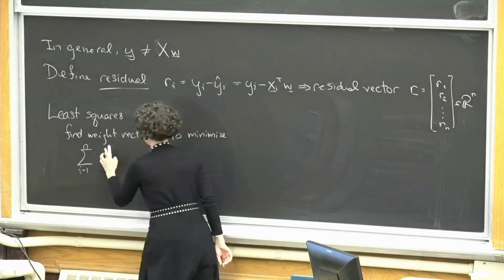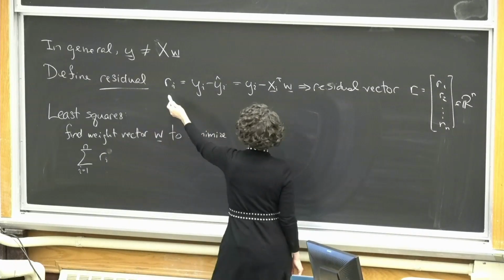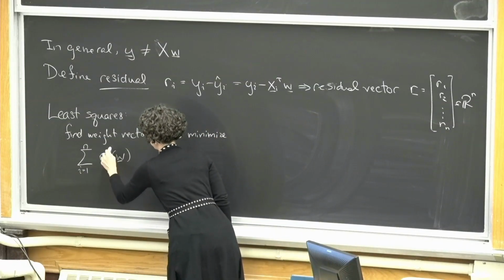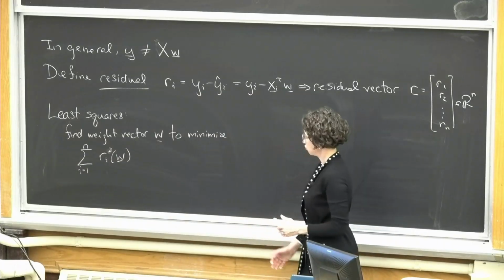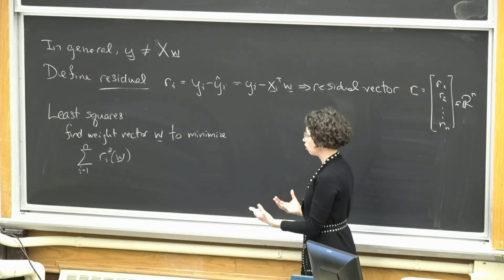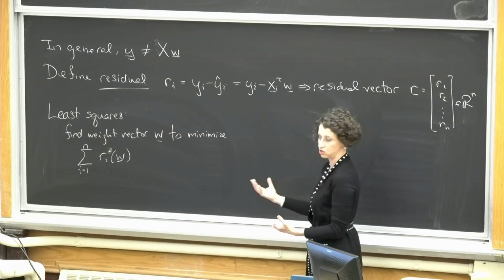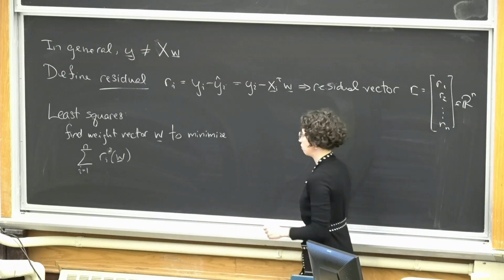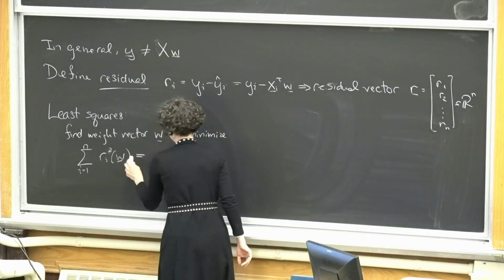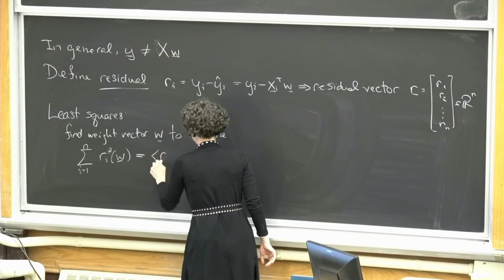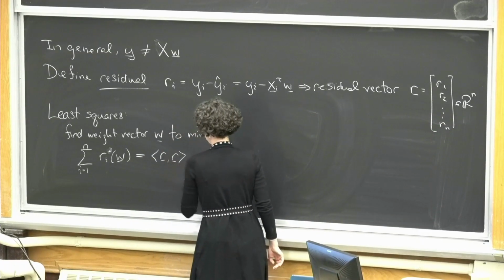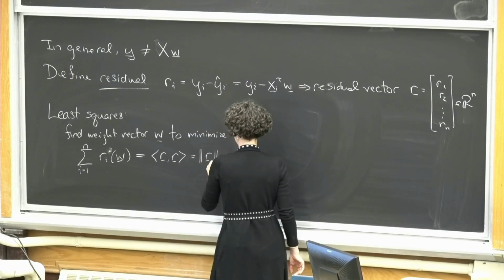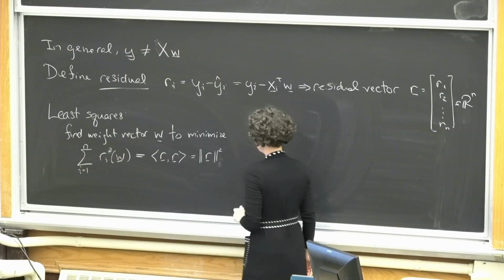And just to be really explicit about it, this residual depends on the weight vector. So each time I change my weight vector, I am changing the residual. So I'm trying to minimize over the set of weight vectors this sum of squared residuals. And using some of the notation we talked about last time, this is the same as looking at the inner product of this residual vector with itself, which is the same as looking at the norm of that residual vector squared.